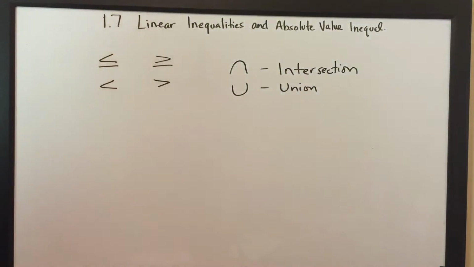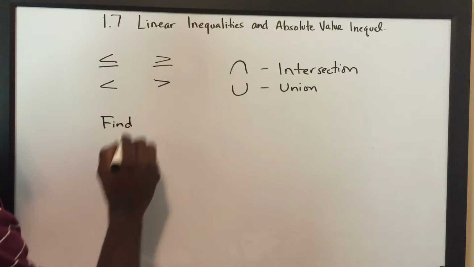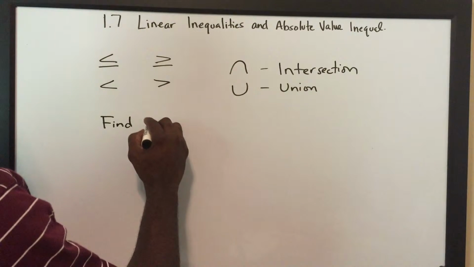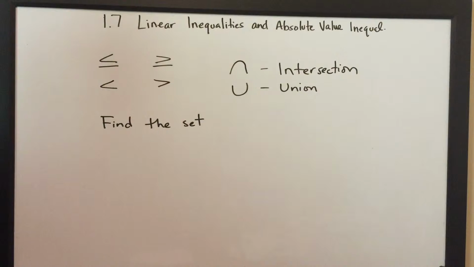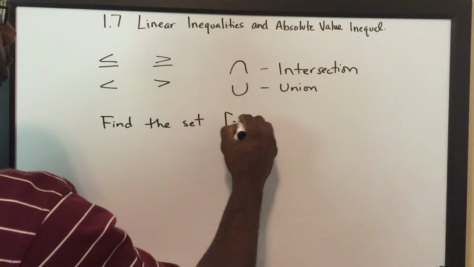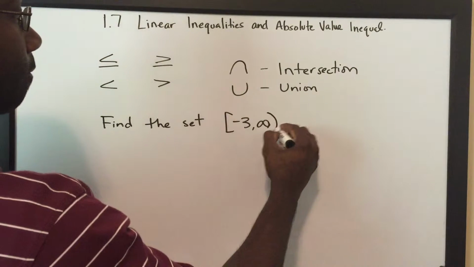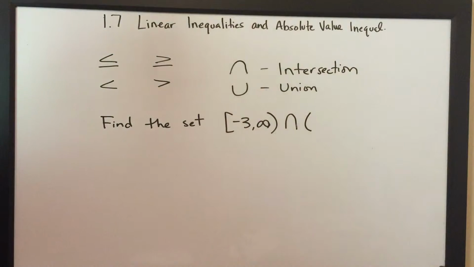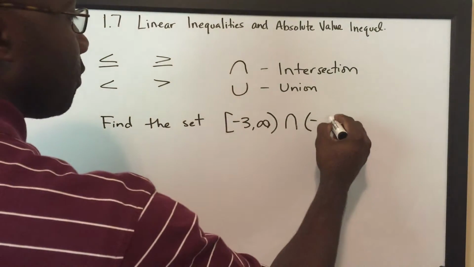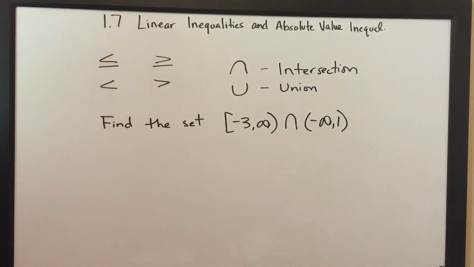For instance, if we have a problem that says find the set [-3, infinity) intersection (-infinity, 1). First thing we would do is draw the graph for both of those on a number line.